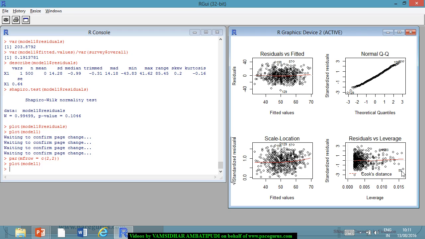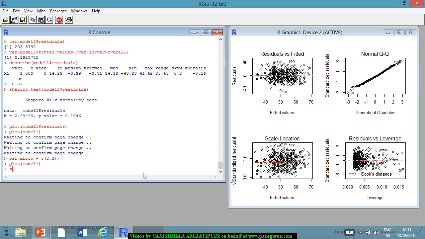I'll say survey, just to inspect this number 55. I'll simply take the survey where I am taking the row number 55. Probably let me take even these which are coming on the higher side: 57, 129, 156.